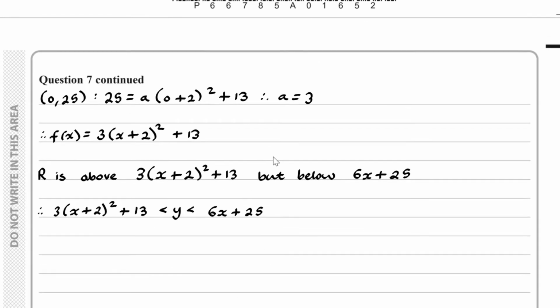And that makes sense, because this bit over here, below 6x plus 25, corresponds to this bit, but this thing above the 3 lots of x plus 2 all squared plus 13 corresponds to this bit. Okay.